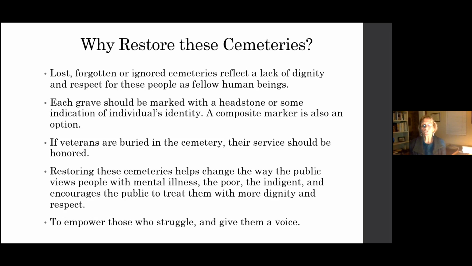And it's also an issue of empowerment, because many of the people who were buried here struggled and had no voice. They had no family. They had no advocates. So these are some of the reasons why it's important to restore these cemeteries.